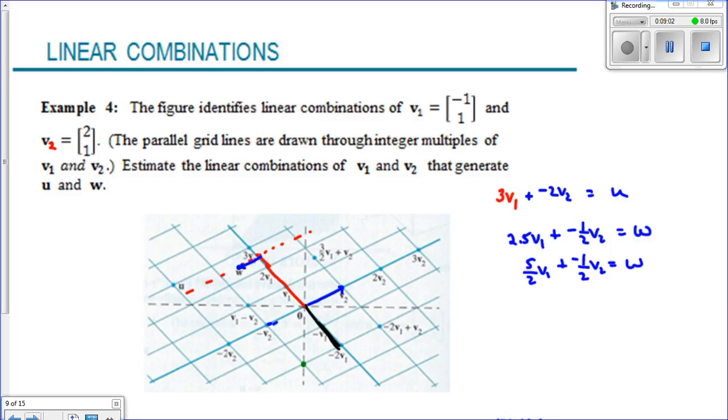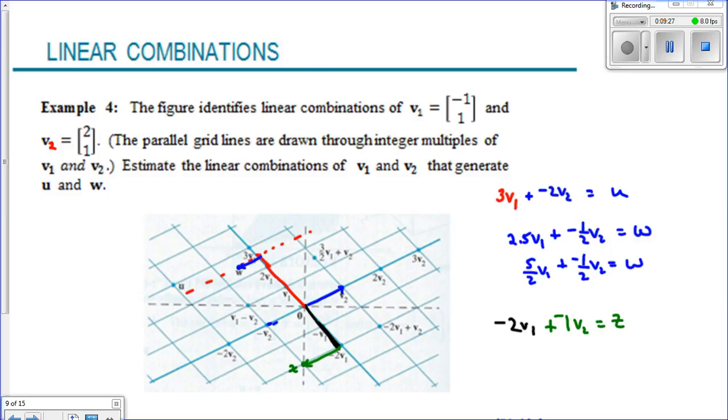You can only stay along those grids. So that would be negative 2 v1s. And then how many v2s would I need to add? Well, I'm going to have to go this direction, which again is in the opposite direction of v2, and it's 1 unit. So that would be plus negative 1 v2. And I'll call this the point z.